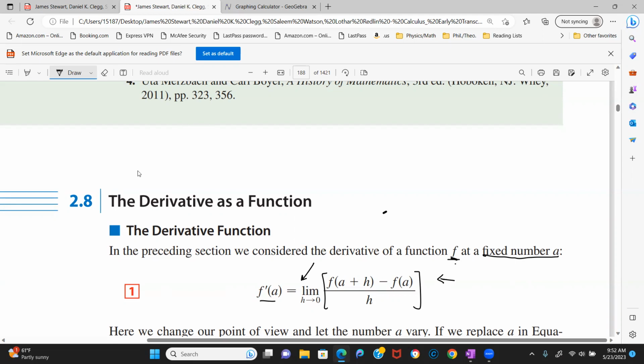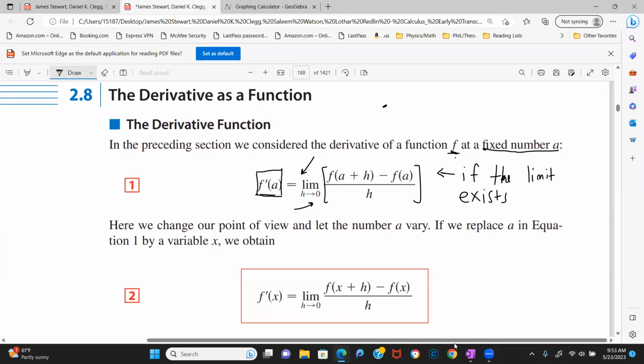This is just notation to stand in for this complicated limit. And you write this if the limit exists, because the limit might not always exist. And we're going to see some examples where this limit exists. So if this limit exists, you use this notation to denote the limit.